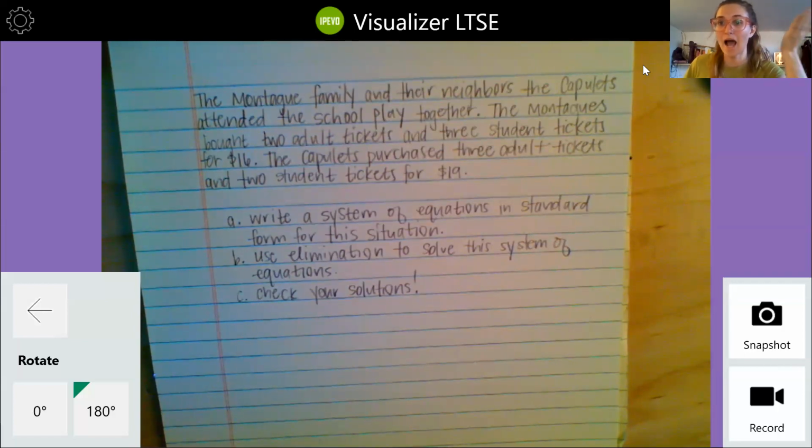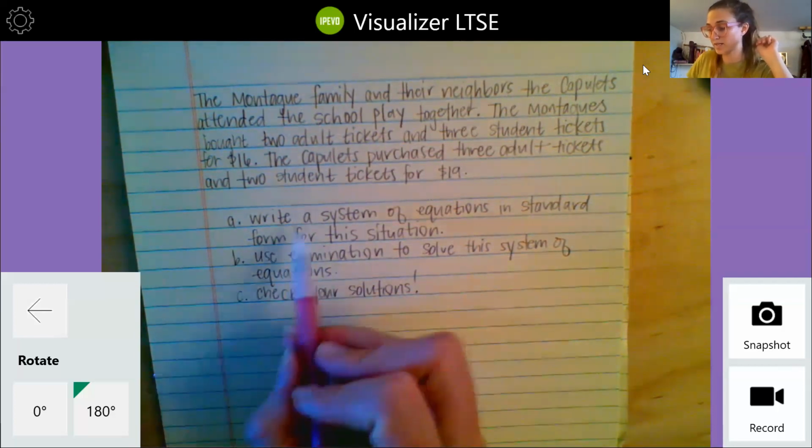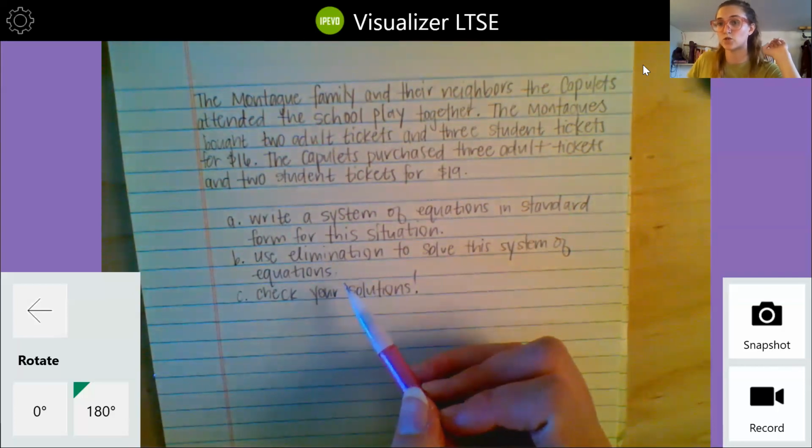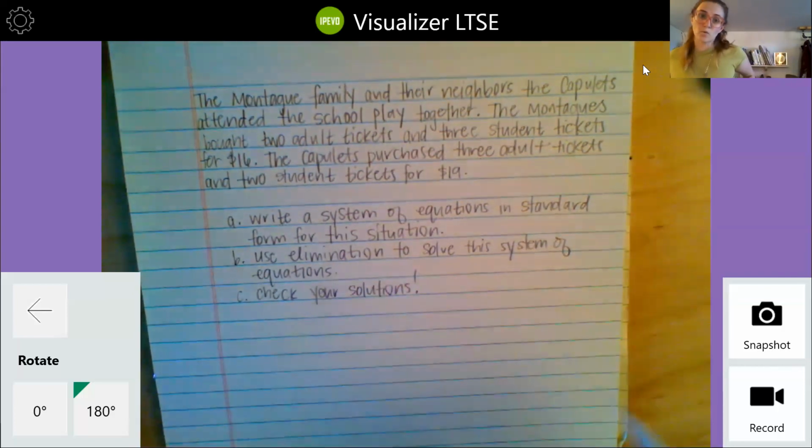We want to find out how much an adult ticket costs and how much a student ticket costs. We're going to do that with 3 steps. First we're going to write a system of equations in standard form for this situation. Then we'll use elimination to solve the system of equations. And then finally we'll check our solutions to make sure we got it right.